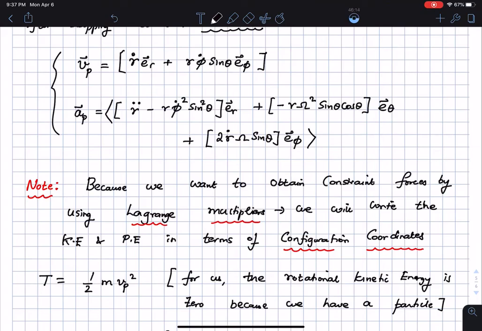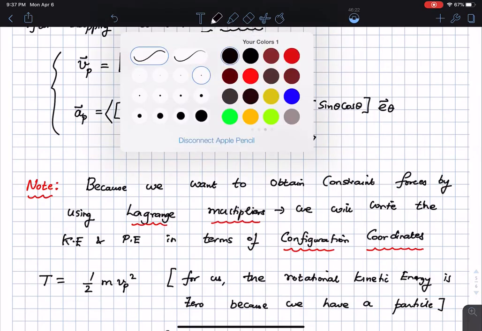Okay, so make sure all of these are in the same coordinate frame. Either the f3 frame or the f2 frame or the f1 frame does not make a difference. They have to be absolute vectors and they have to be in the same coordinate frame. So that's something that I also want to make a quick note of here.